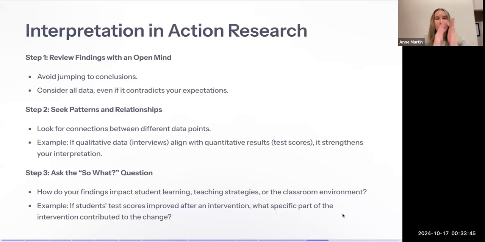Look for patterns and relationships, pull out your triangulation matrix, and maybe play around with the research question. Maybe you put your findings into the triangulation matrix underneath the data sources, and then look across and see if there's any patterns there or connections or even divergences.